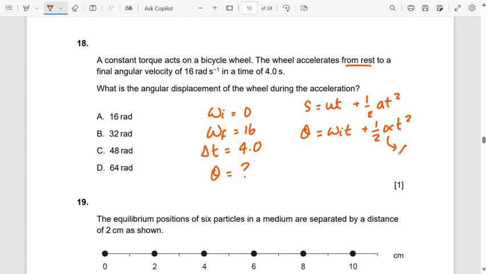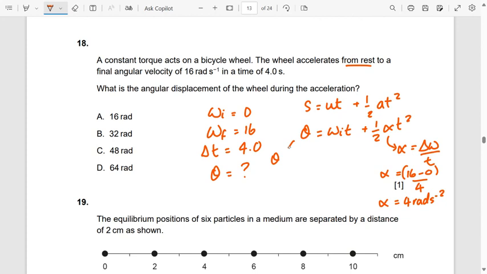So the angular acceleration is the change in angular speed divided by time, which is 16 minus 0 divided by 4. So the angular acceleration is 4 rad per second squared. Now I can plug that in.